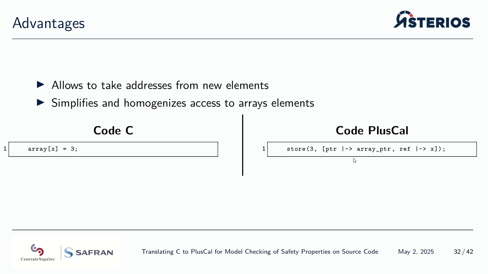We can define a new pointer that takes as base pointer the pointer to the array that we want, and the reference is only the index of the element that we want to change. So here the index is x. And we can directly store 3 into it, which homogenizes the way that we store elements into the stack, by using only store macros in PlusCal.